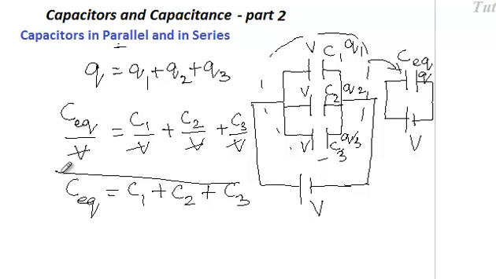Now, this means in case of a parallel combination of capacitors, you need to add all the capacitances to find the total capacitance.